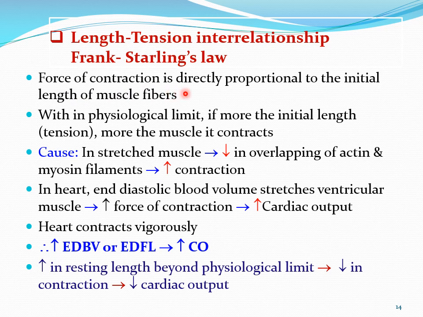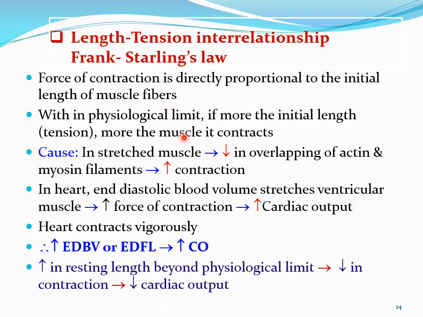Force of contraction is directly proportional to the initial length of muscle fiber. Okay, so what is this law? Force of contraction is directly proportional to the initial length of fiber. Within physiological limit, what is the meaning?